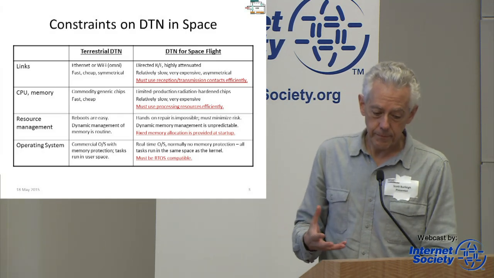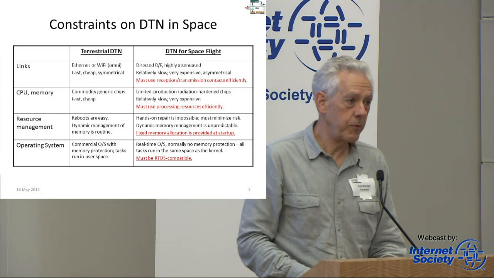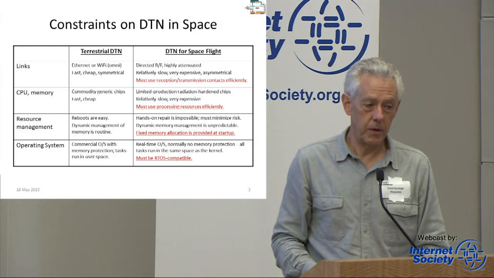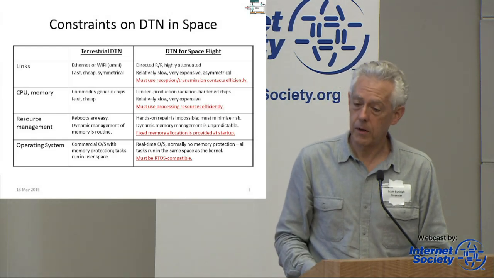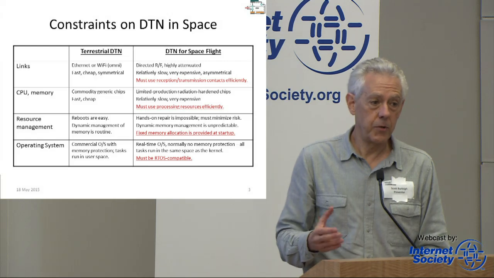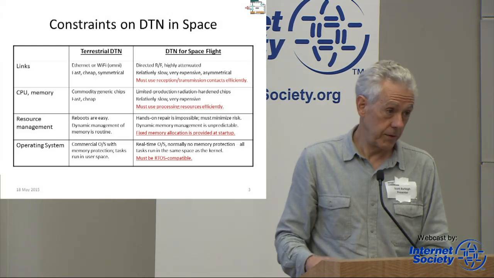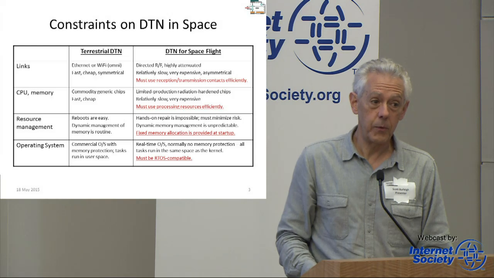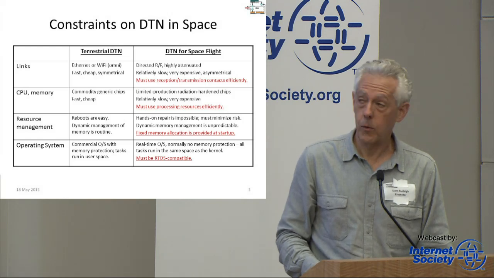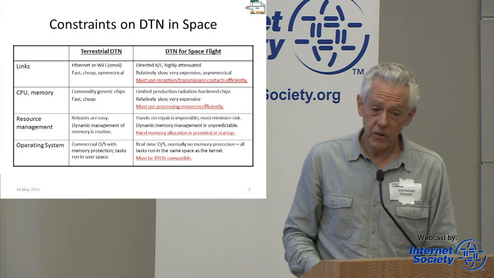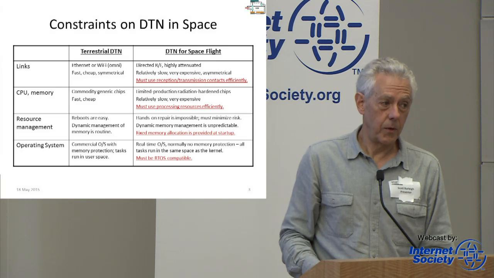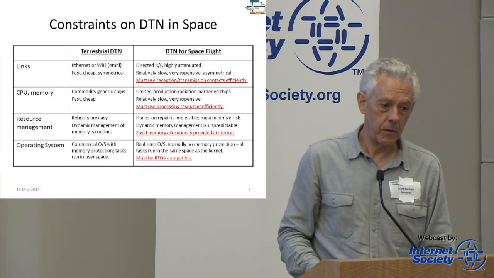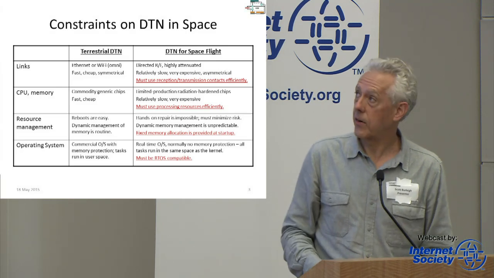The links, certainly for deep space and to an extent even for Earth orbiting missions, are directed radio or directed optical. They tend to be highly attenuated because they're very far away often. They're relatively slow compared to what you can get on the surface of Earth, in the internet.